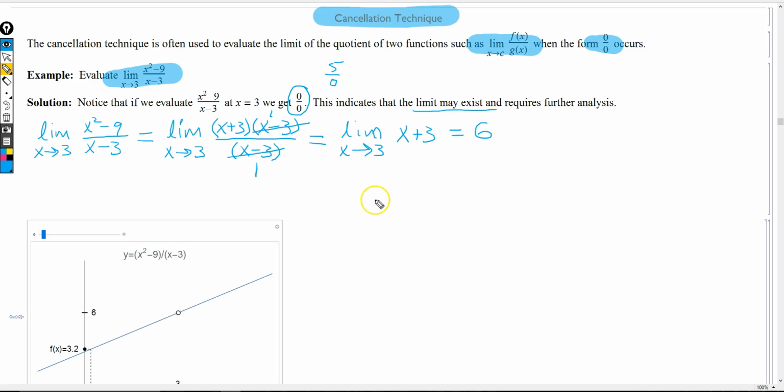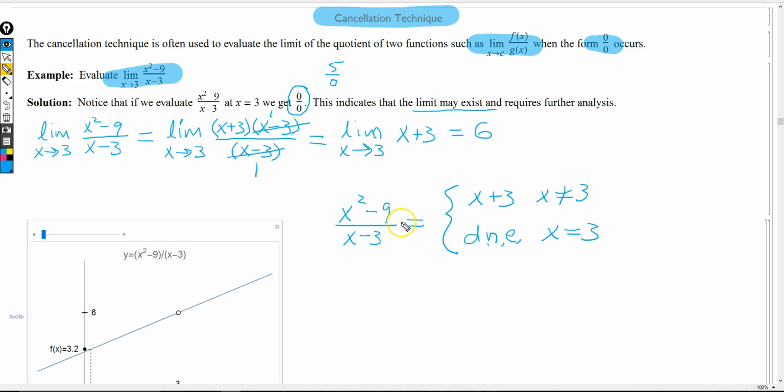Now let's see what's really going on here. Because you can cancel up here, x squared minus 9 divided by x minus 3 is actually equal to the function x plus 3 when x does not equal 3, and it does not exist when x is equal to 3.